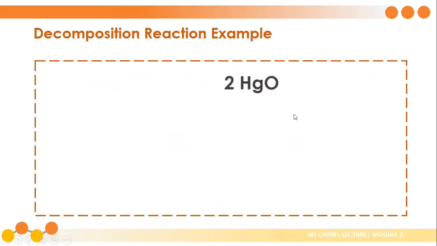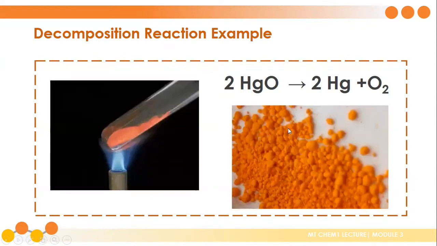We have here mercury oxide will turn into mercury and oxygen. So how is this observable? As you can see, we have here powdered mercury oxide, which is subjected to heat. Okay, that helps the decomposition of our compound.